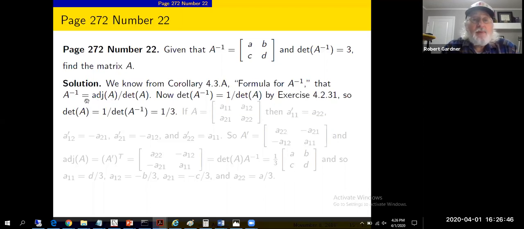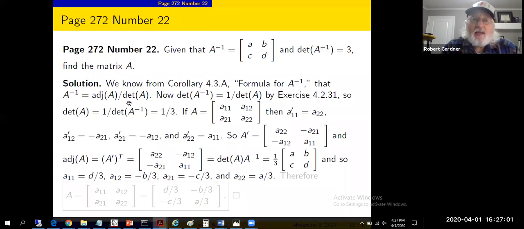So if I peek back up here to this formula, they gave us A inverse. We now know the determinant of A, adjoint of A. So we don't know the adjoint of A, but I'll bet we could do some manipulations to find the adjoint of A. Matrix A, the question is, find matrix A, say has entries A11 through A22, the usual kind of thing.